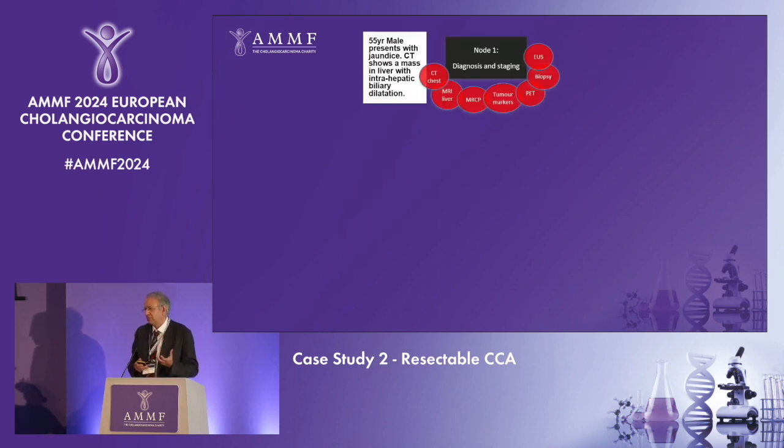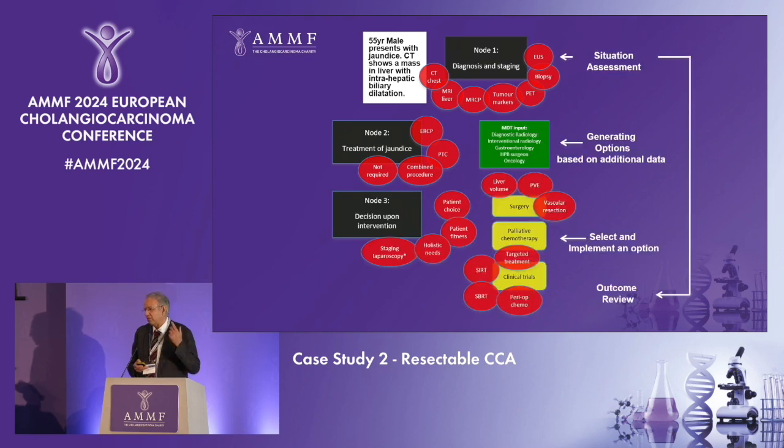So this is the example of how complex that is. This is a patient who presents jaundiced with a mass in the liver, likely a perihilar cholangiocarcinoma, and you can see the complexity of assessing, staging, management of jaundice, deciding what treatment options you've got, and then doing something about that.